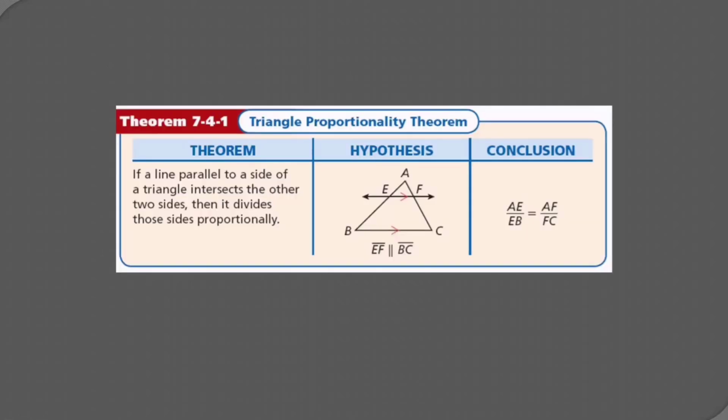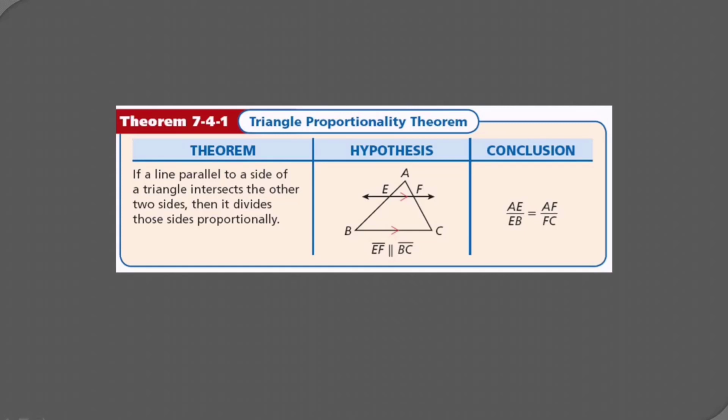So let's take our first theorem, which is the triangle proportionality theorem. In this theorem, I have a triangle ABC, and a line EF parallel to BC.